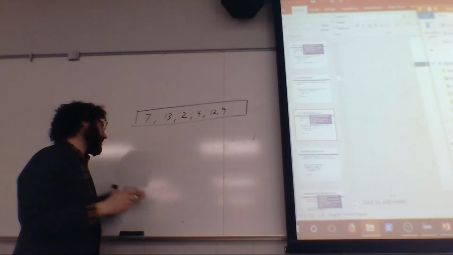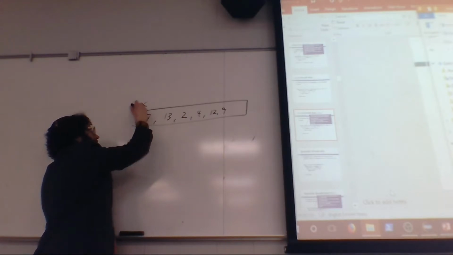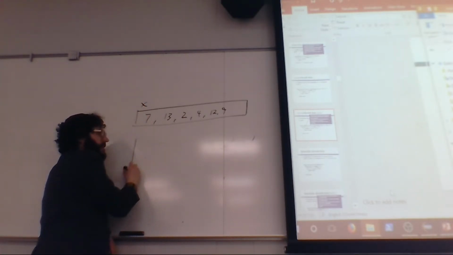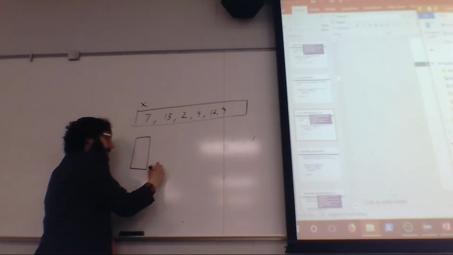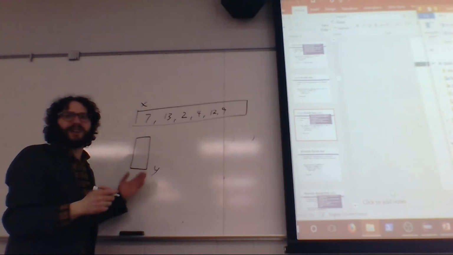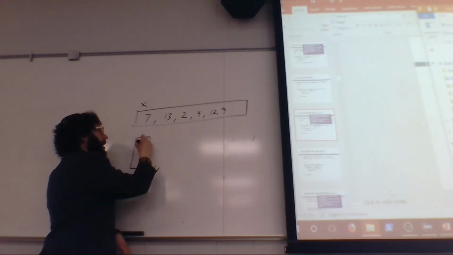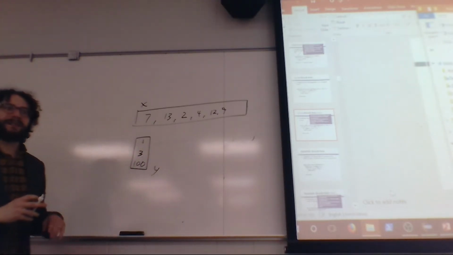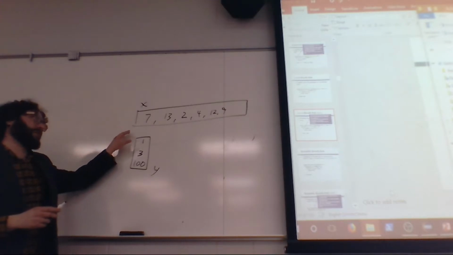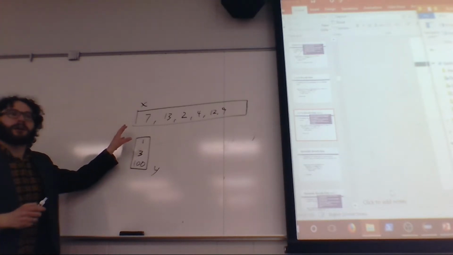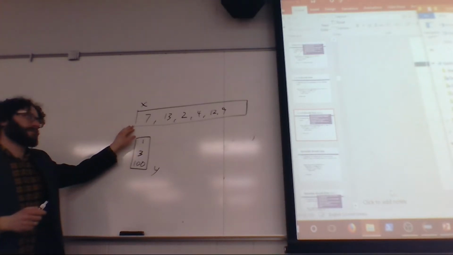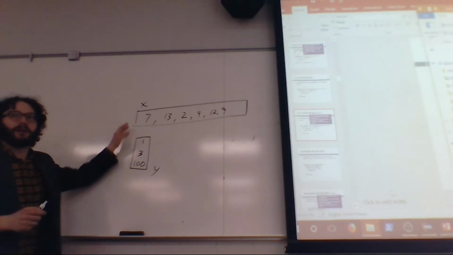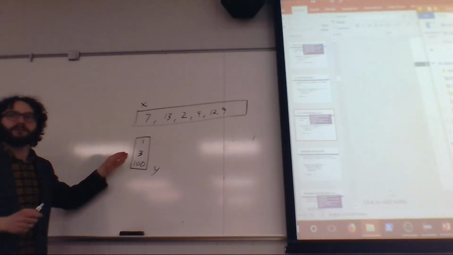We'll call this one X. And say we have another list over here, Y, that has a much different size. Maybe it has only 3 numbers, 1, 3, and 100. Basically, what we're checking is whether any of the numbers here are in here.